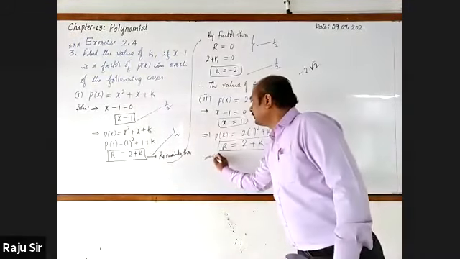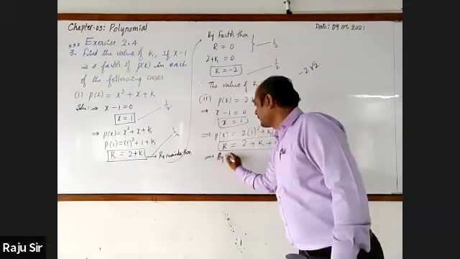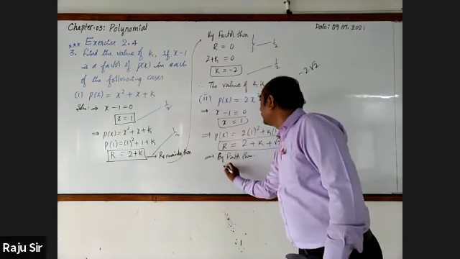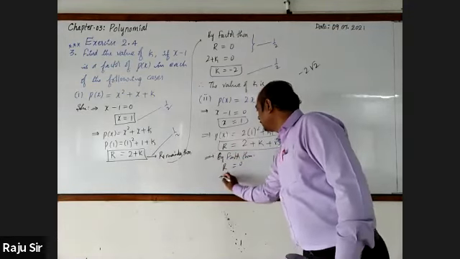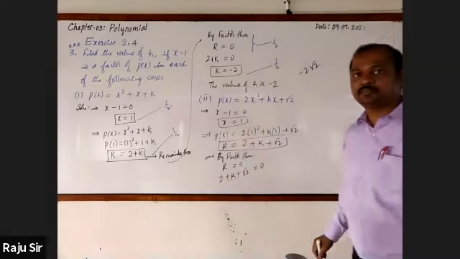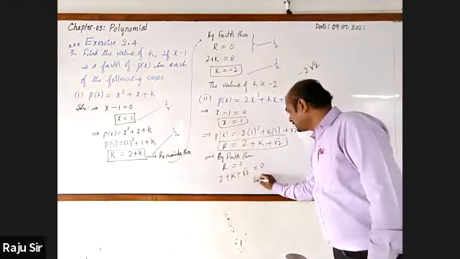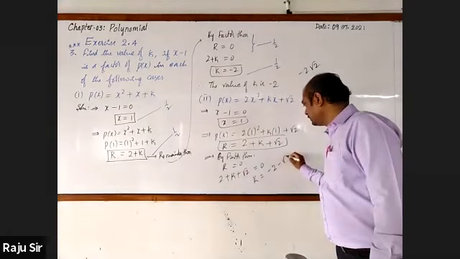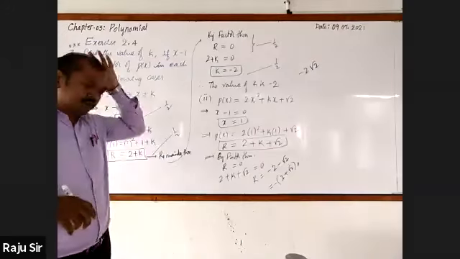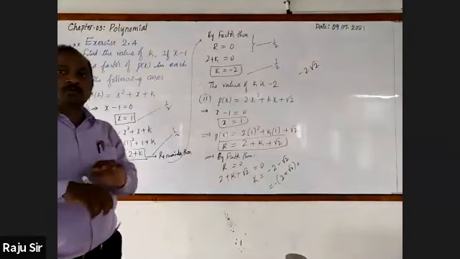By factor theorem, the remainder is 0. So 2 plus k plus root 2 equal to 0. Then k is equal to -2 minus root 2. This is what I got. You can also write this as minus of 2 plus root 2.